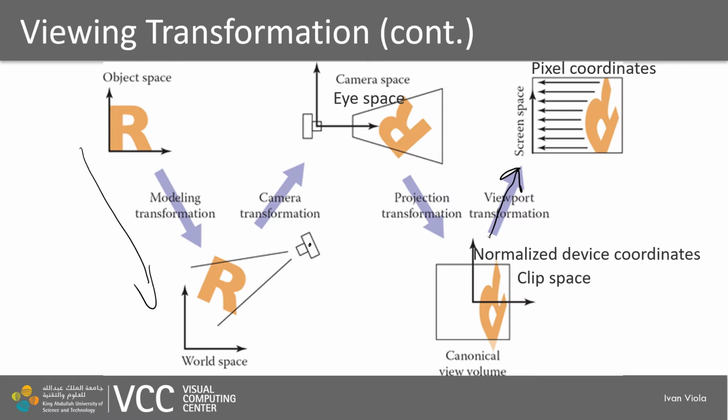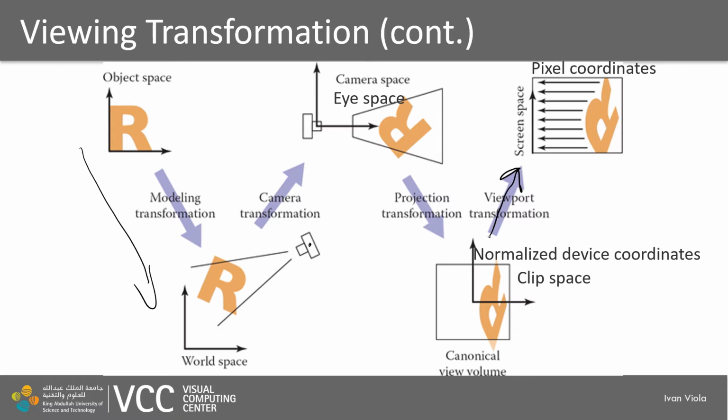Now, our object is this R, and as you can see, we have placed it into the scene. The world coordinates are not so useful for viewing. Therefore, we will change the coordinates of our object, depicted by this letter R, into the camera coordinates. So we will transform all its points into the camera space.